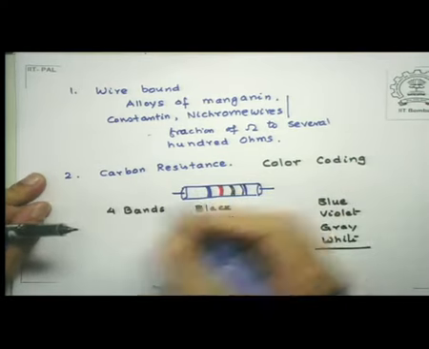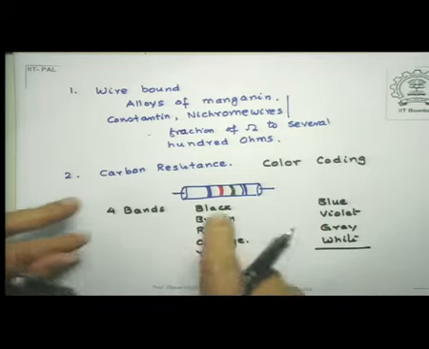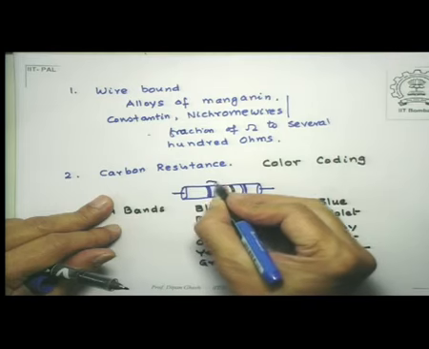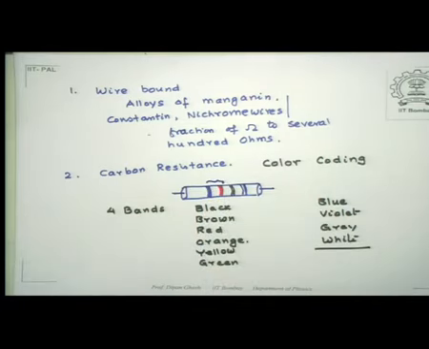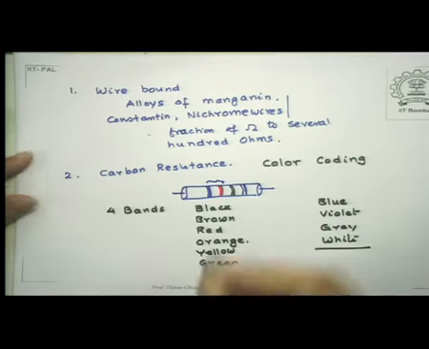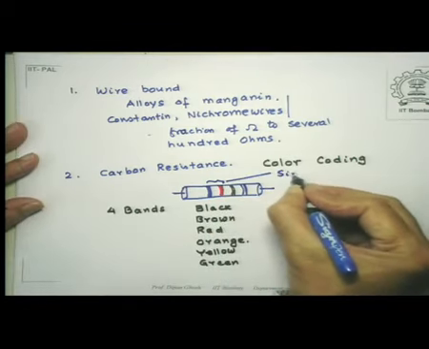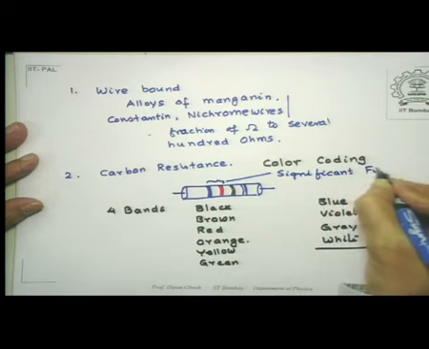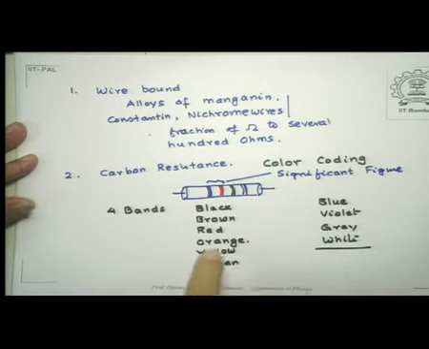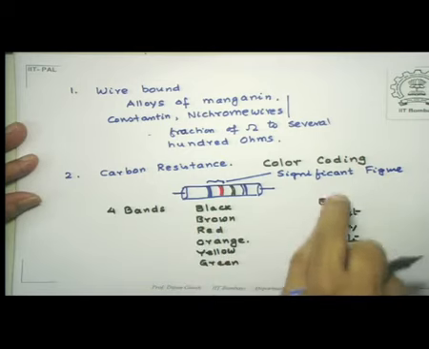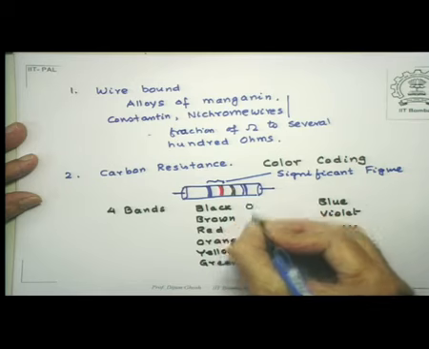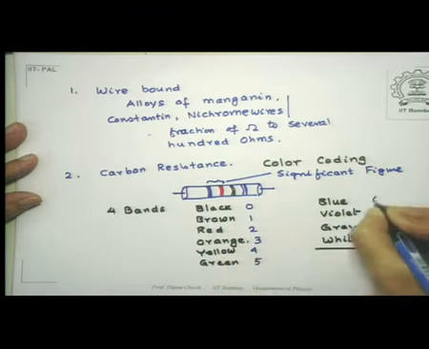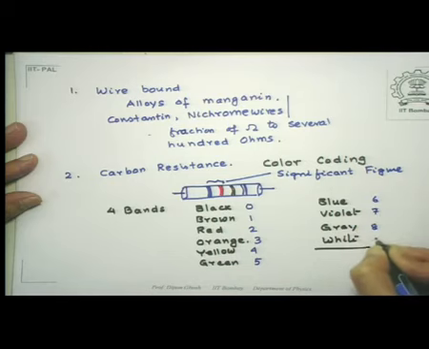Out of this, the first 2 represent the significant figures. So let me explain what it means. So this is the significant figure. Depending upon the color, we assign a value: black 0, brown 1, red 2, 3, 4, 5, 6, 7, 8, 9.